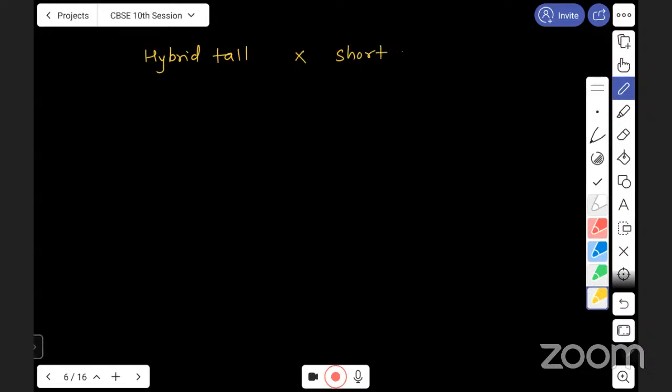Tell me what percent of the plants will be tall in next generation? इसका क्रॉस बनाओ, ये पेरेंट्स है, इनके ऑफस्प्रिंग फाइंड करो और बताओ कितना परसेंट होगा टॉल प्लांट का.